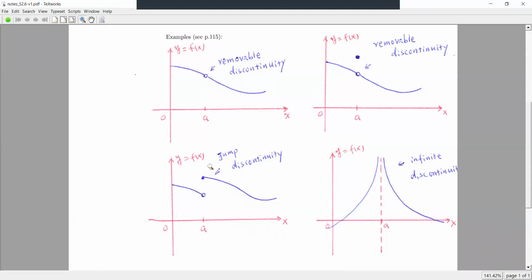In this diagram, the function f is continuous everywhere except at a point A. At a point A, the function has a jump discontinuity.